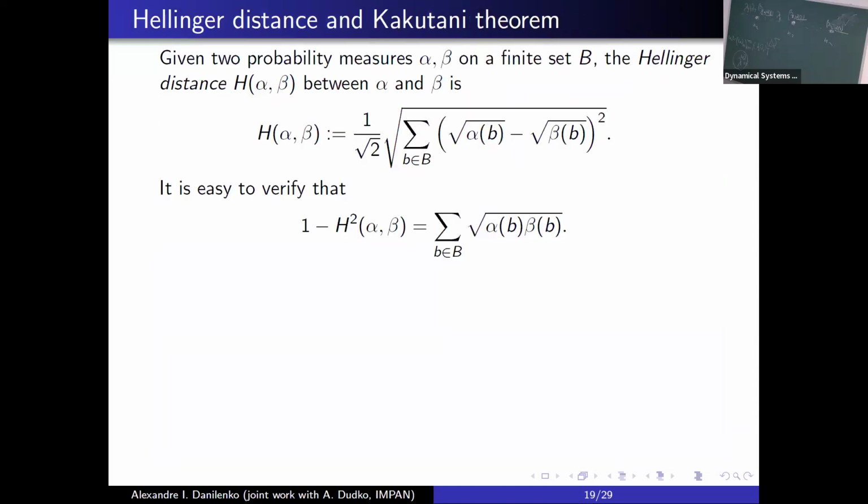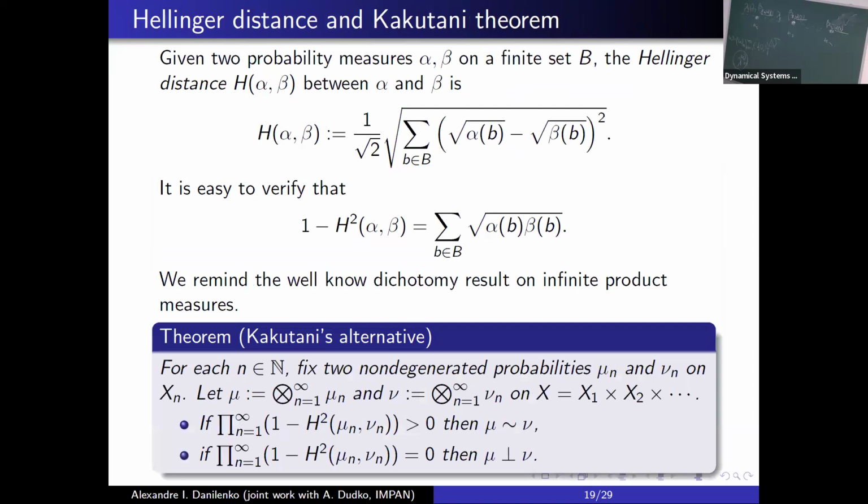Now let me remind what is Hellinger distance and what is the Kakutani theorem, the theorem about orthogonality of infinite product measures. Suppose that we have two measures, mu and nu, which are infinite product measures on the very same infinite product space X1, X2, and so on. So Kakutani answered the question when these two measures are orthogonal and when not.